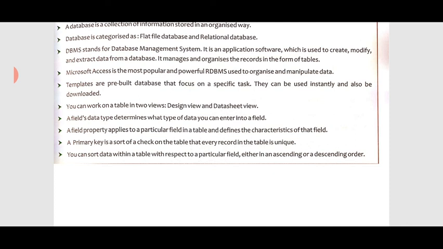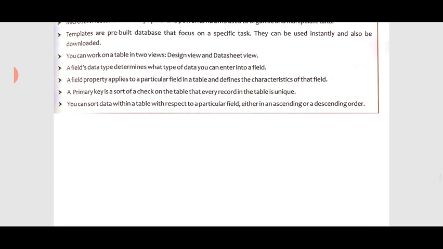You can work on a table in two views: design view and datasheet view. A field's data type determines what type of data you can enter into a field. A field property applies to a particular field in a table and defines the characteristics of that field.